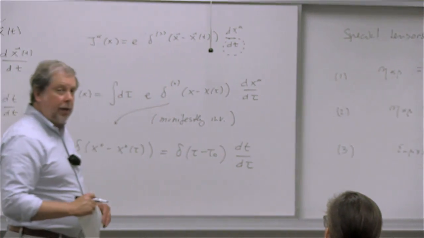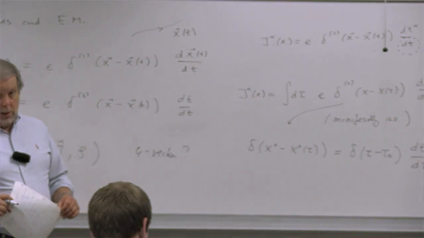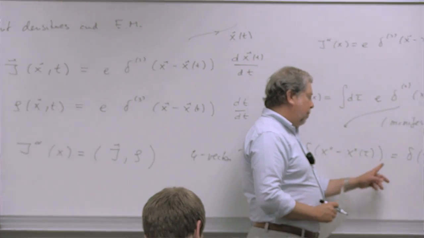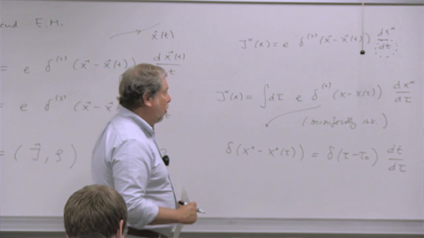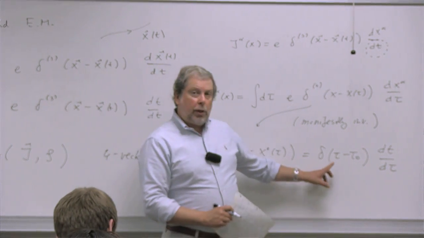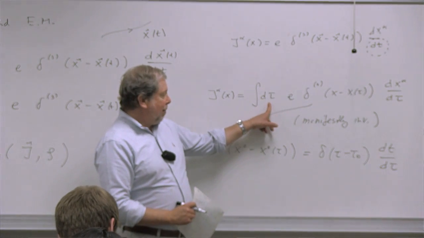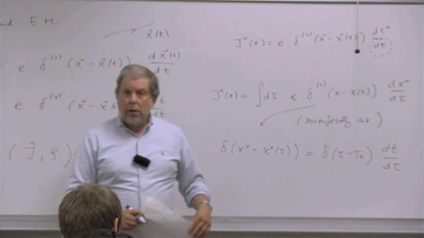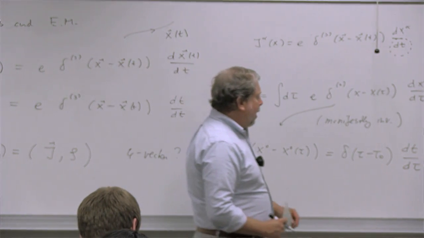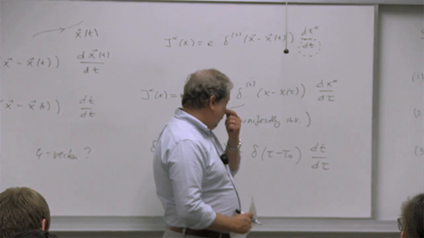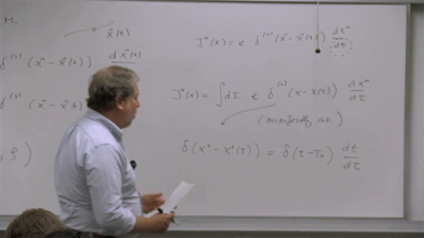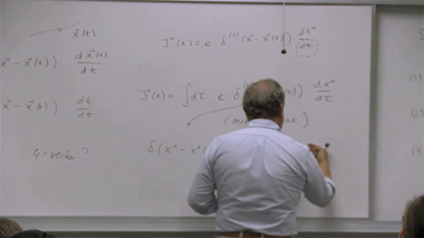It's this Jacobian, the derivative of the argument of the delta function with respect to the variable, dt by d tau. And so now we can do the delta function integral because we have an integral in d tau, and the integral of the delta function is 1, so that goes away. And what about the d tau by dt? I think it's better to be in this way.